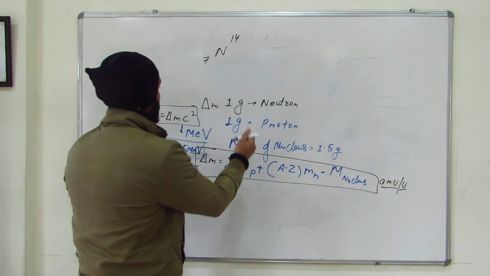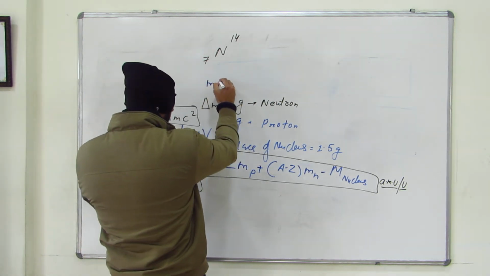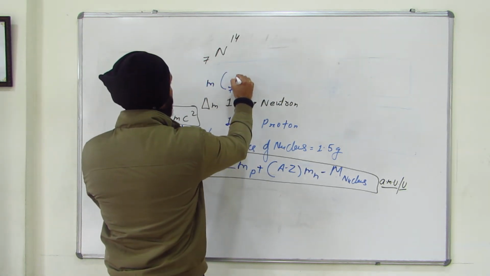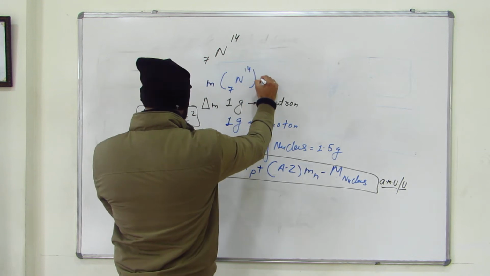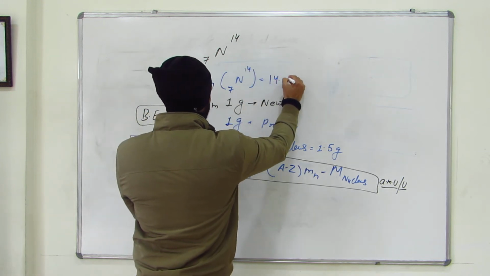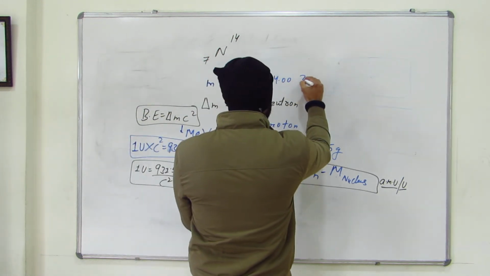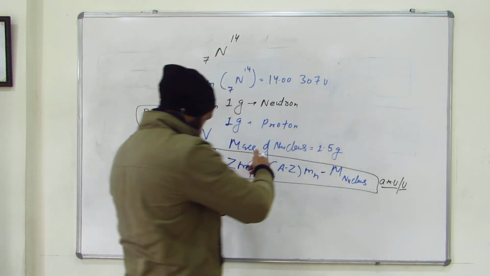So I will write, mass of this 7N14 is given, which is 14.00307, right?